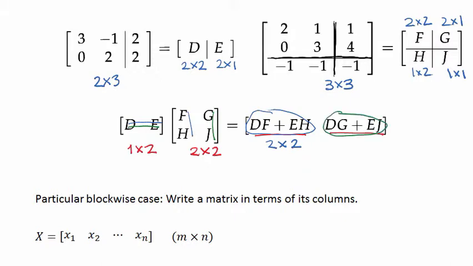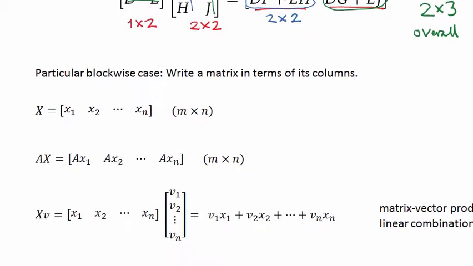DG is going to be 2 by 1, and EJ is also 2 by 1. So therefore we can add them together, and we get overall a matrix which has 2 rows and 3 columns, as it must.